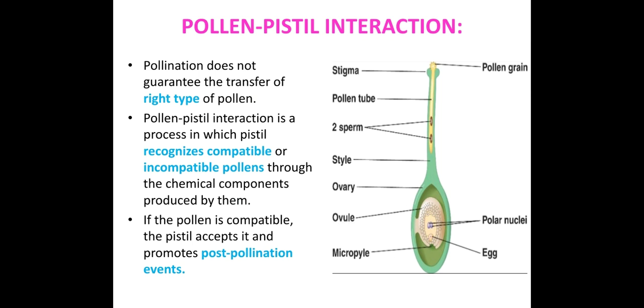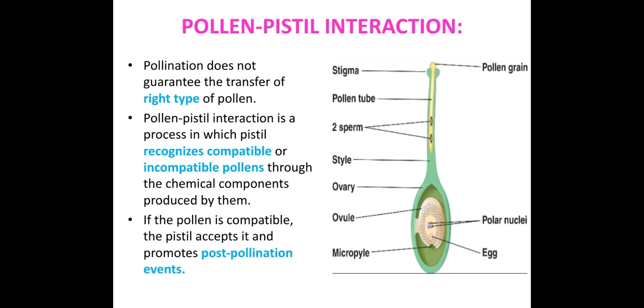So what is the function of these chemicals? These chemicals will sense or recognize the pollen's compatibility. What is compatibility? Whether it is fit, whether it is active, whether it is of good quality. That is checked here. So the pistil recognizes the good compatible pollen and discourages the incompatible pollen.